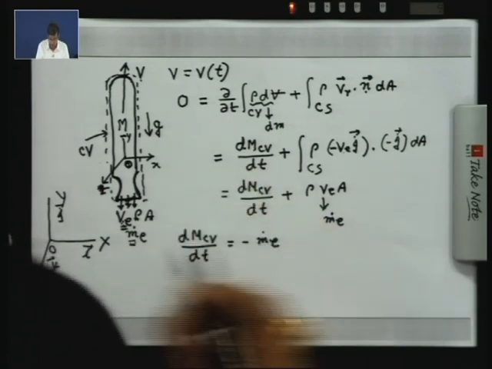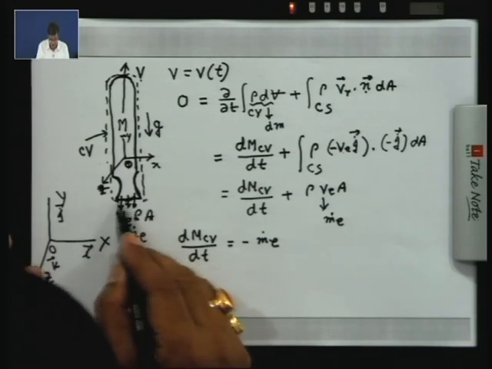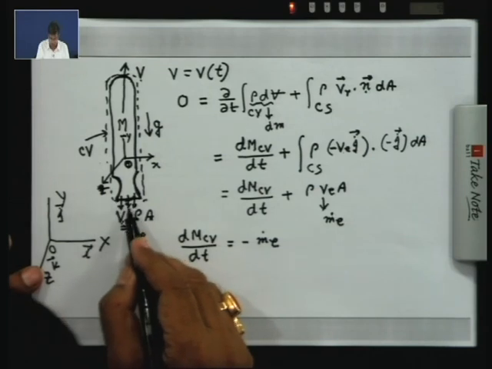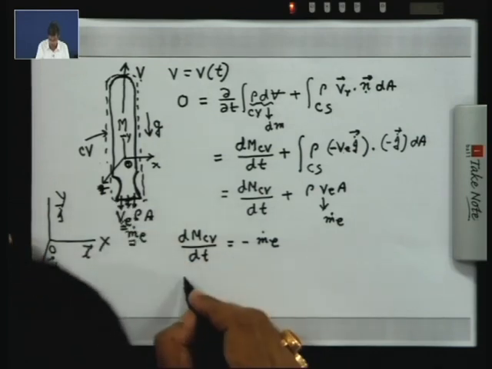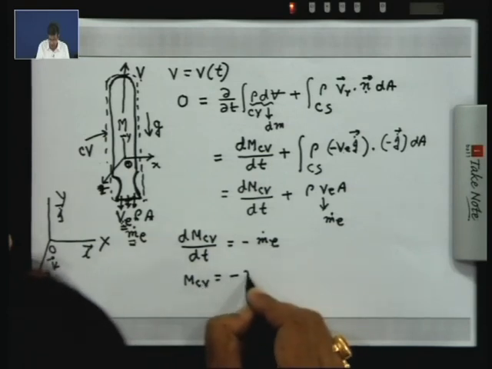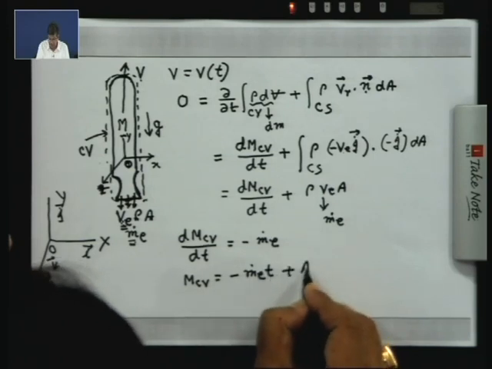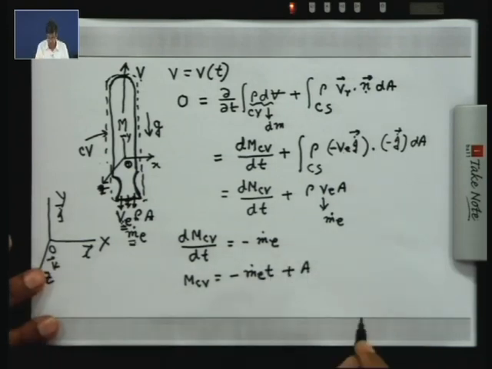If m dot E, that is the rate of mass efflux, is constant at this outlet section of the propelling nozzle, then we can simply integrate it. That is, mCV is minus m dot E dt, that means minus m dot E t plus some constant A. Very simple.